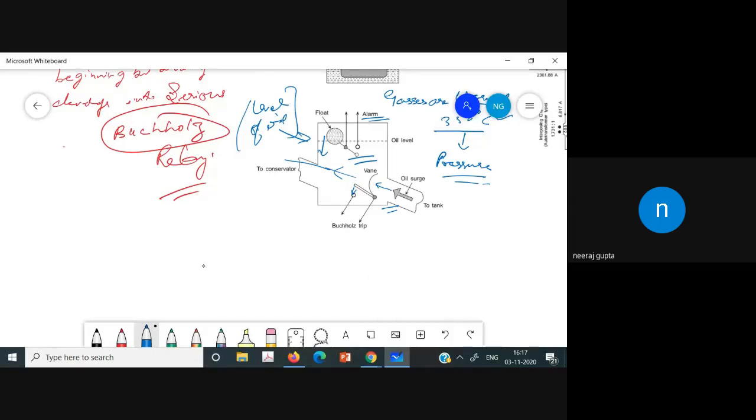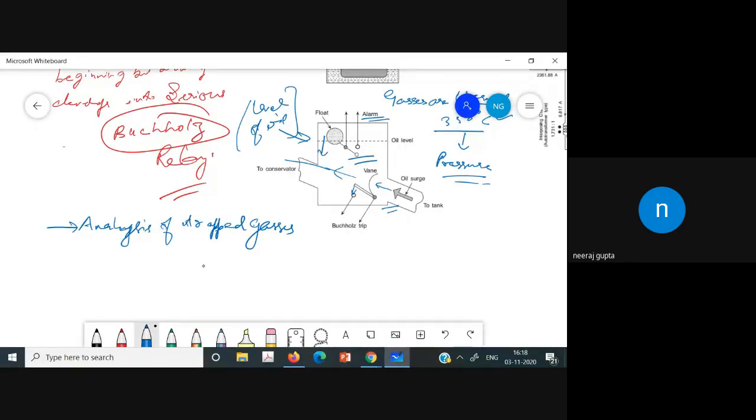The analysis of the trapped gases is done. Analysis of the trapped gases in the conservator actually gives a clue about the type of damage that takes place inside the transformer.